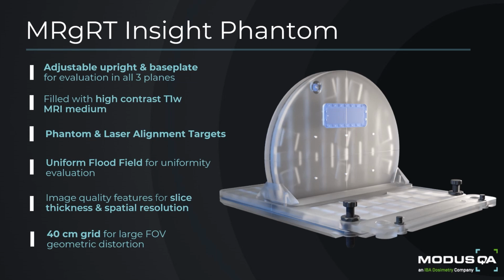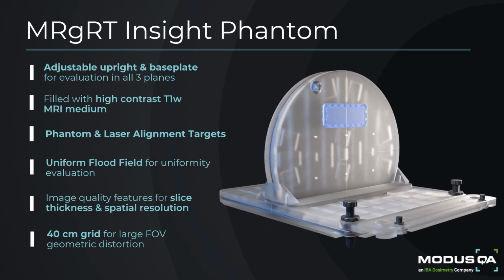So anatomically, the Insight Phantom is a large field of view acrylic phantom with an imaging FOV of 400 millimeters, and within it, it has several built-in image quality, distortion, and machine targeting structures that lie all within just the base Phantom system.